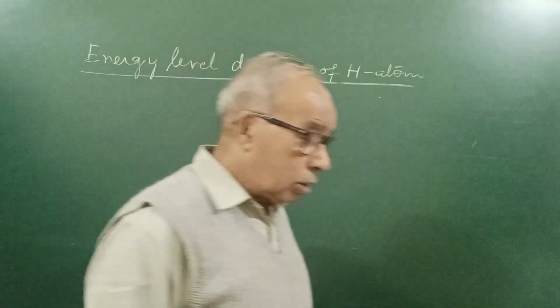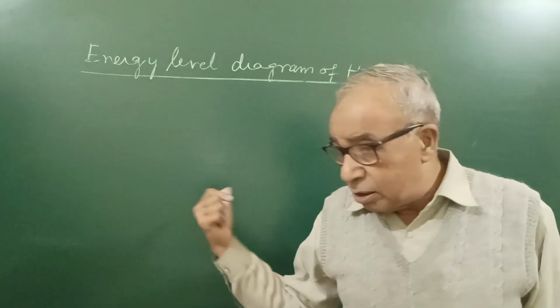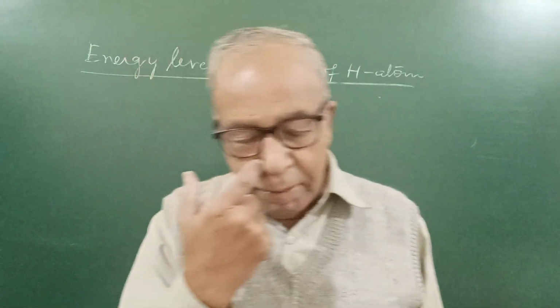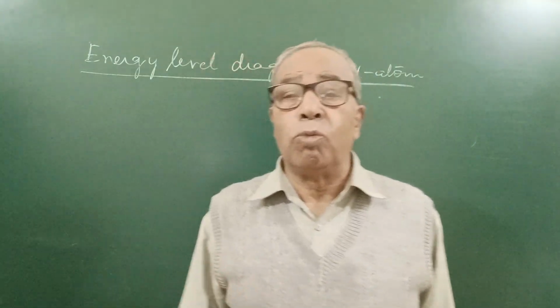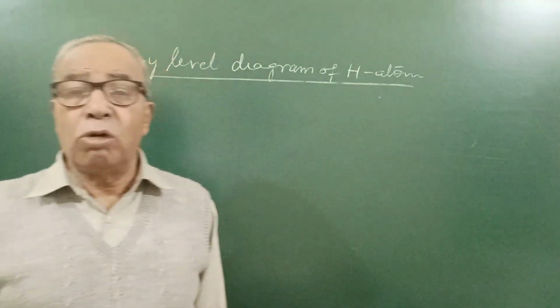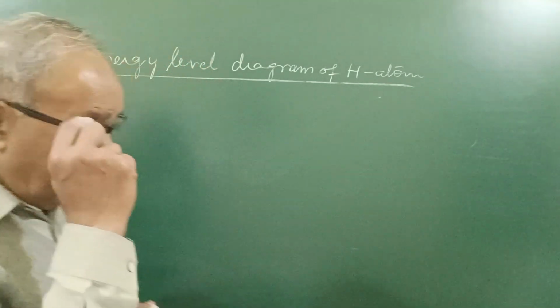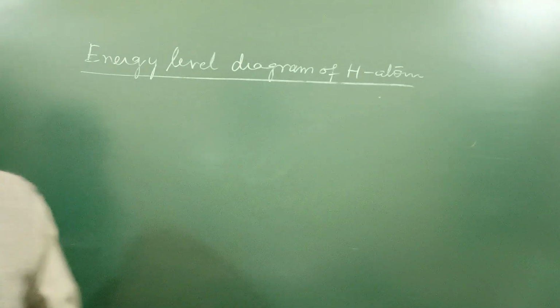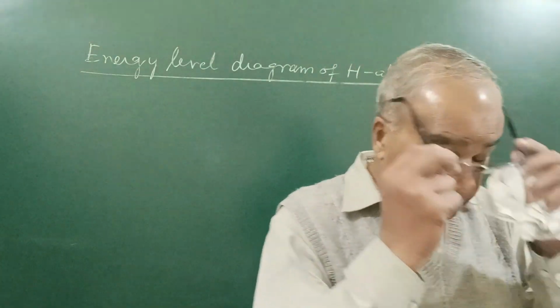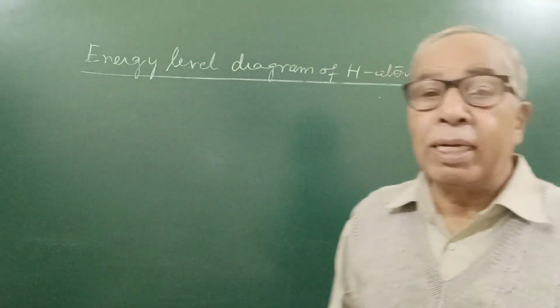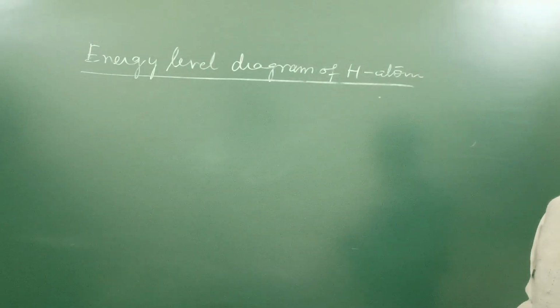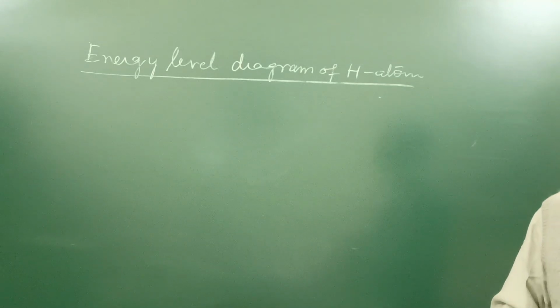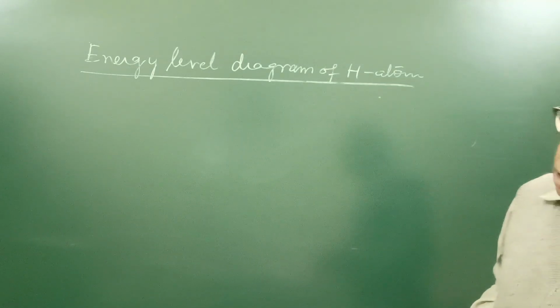A hydrogen atom consists of an electron and a proton. The proton remains in the nucleus and the electron goes around the nucleus in different circular orbits. So the energy of the electron in any orbit determines the energy of the atom. We will be using this point again and again: the energy of any atom means the energy of the electrons present in it.